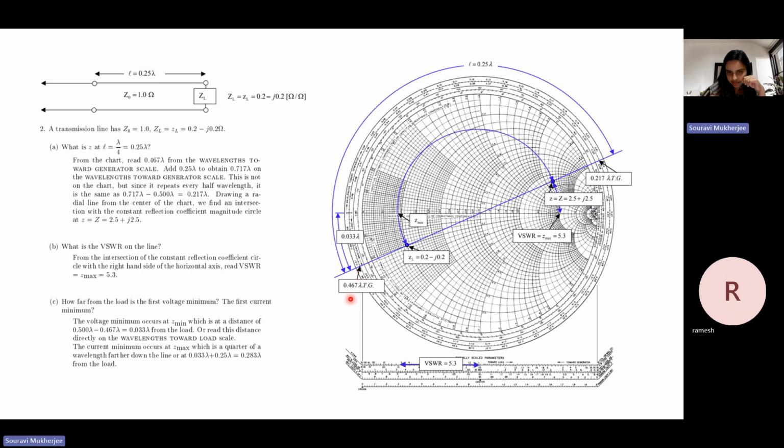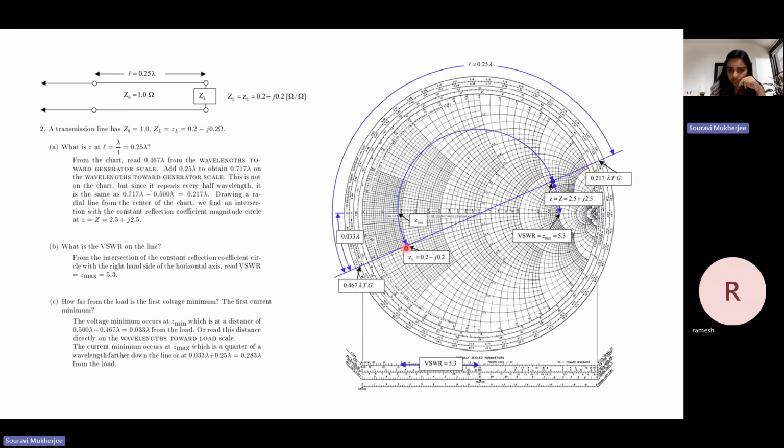That distance is given as 0.467 on the wavelength towards generator scale. Now you have to move clockwise because you're moving towards the generator by a 0.25 lambda distance. So let us move by 0.25 lambda. You end up reaching here, right? Draw a straight line back to the center. This is the straight line that you would get.